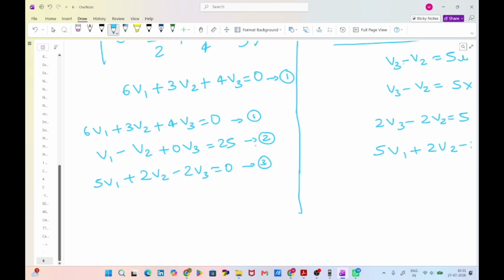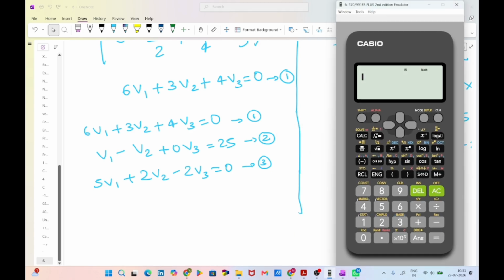Let us solve these equations. We'll open the calculator. Click on mode setup, then click on equation. That means it is in the form of anx plus bny plus cnz is equal to dn.